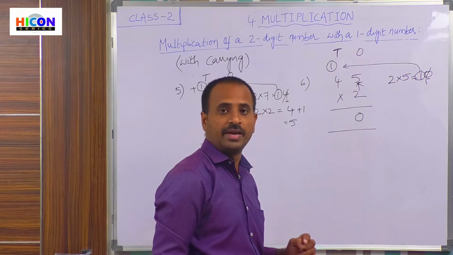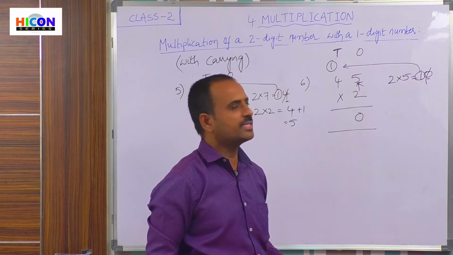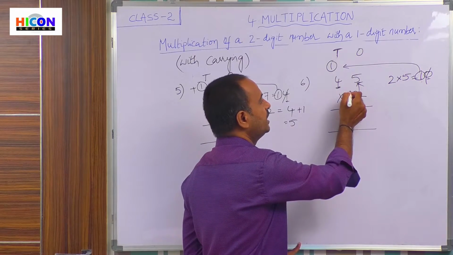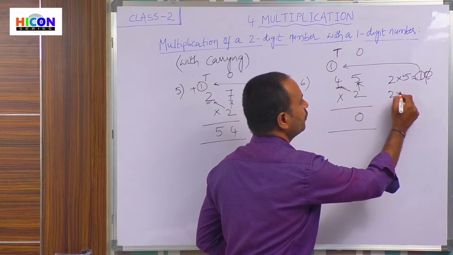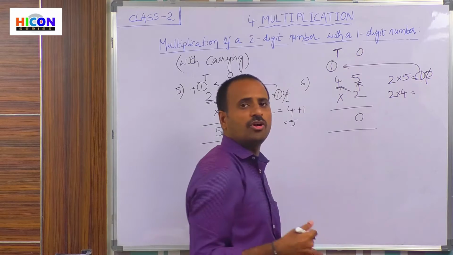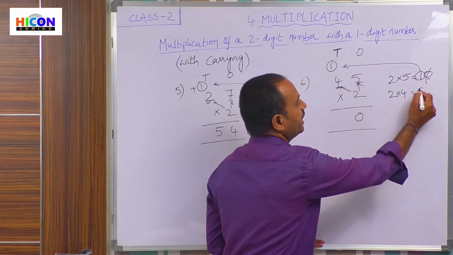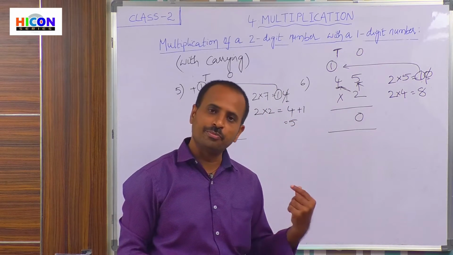Now multiply the digit present in the tens place with 2. Which digit is present in tens place here? 4 is present in tens place. Multiply 4 with 2, that is 2 into 4. So 2 4s are how much, children? 2 4s are 8. And remember, children, we have to add the carried number to the product.